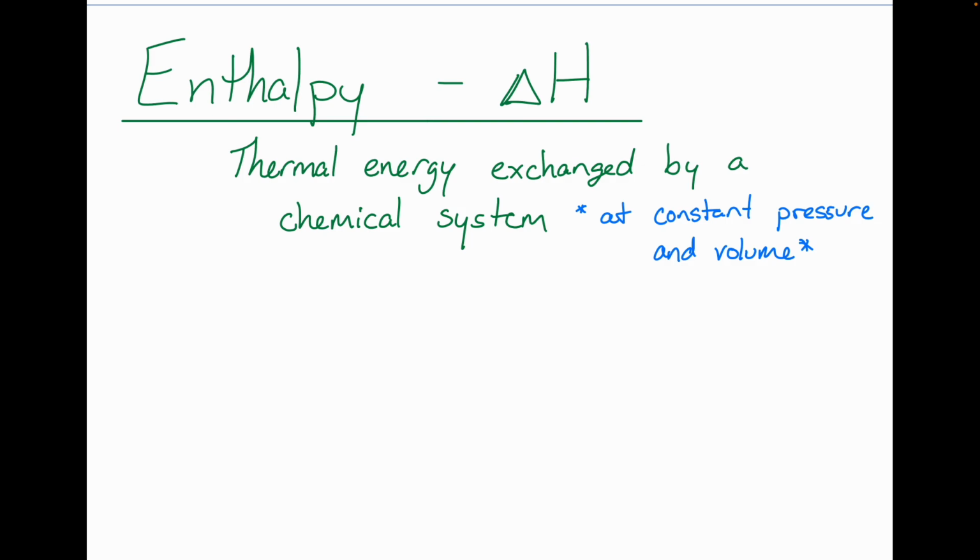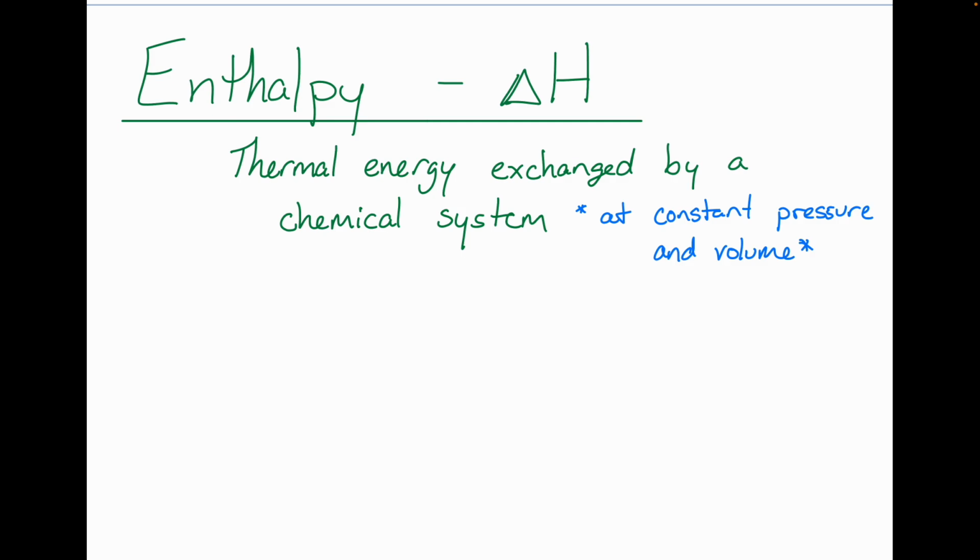We had our delta H of fusion and delta H of vaporization, which was just the kilojoules released or absorbed per mole of whatever we were talking about. So when we're talking about a chemical system, we like to use this delta H variable.